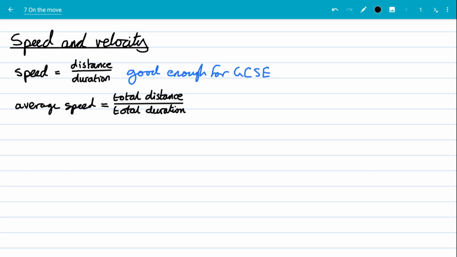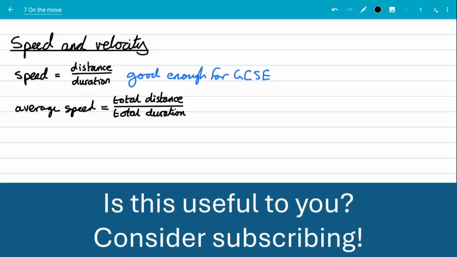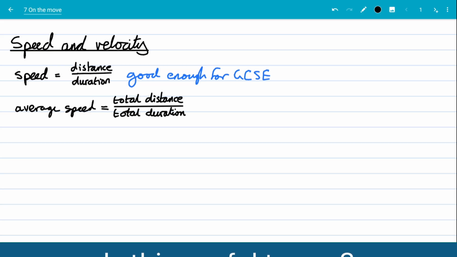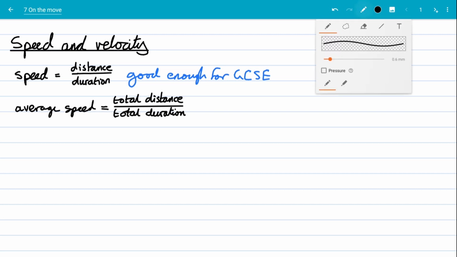Are we talking about an average speed over that particular distance during that particular duration, or are we talking about an instantaneous speed? So we'll come on to instantaneous speed a little bit later. I'm not sure if it's going to be this lesson or a later lesson, but in fact, let's just do it now.